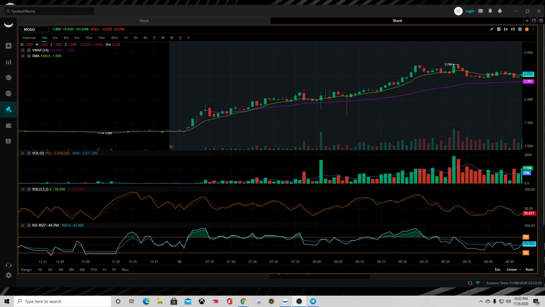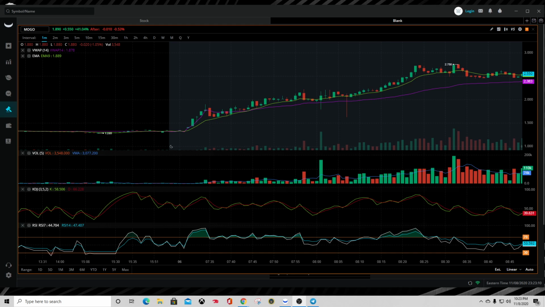I seen some volume on it around pre-market, around 7:32, and I quickly searched for news on it and seen that it had announced that it was now supporting Apple Pay, Google Pay, and Samsung Pay. The main thing that caught my eye on that headline was Apple, Google, and Samsung.